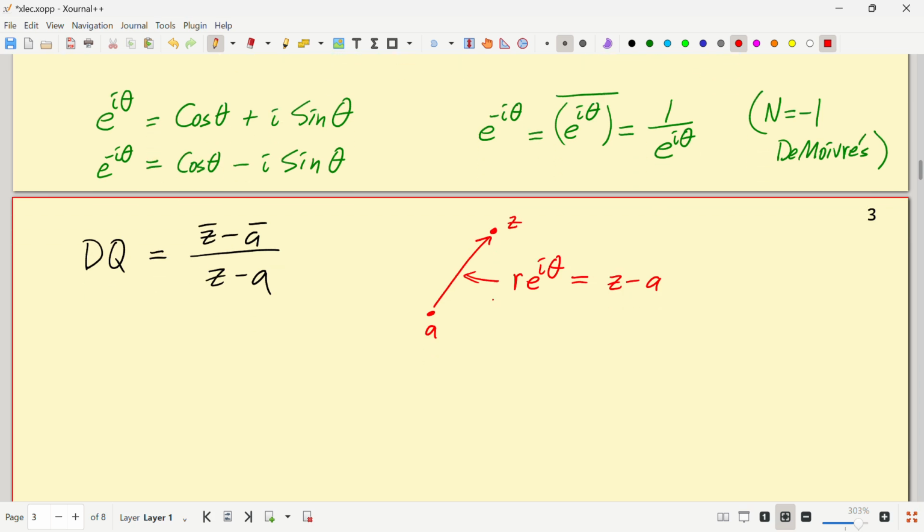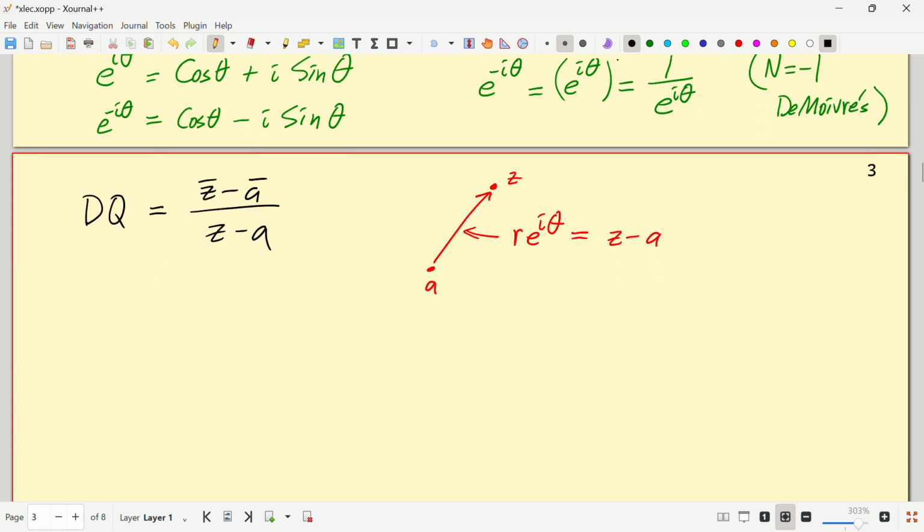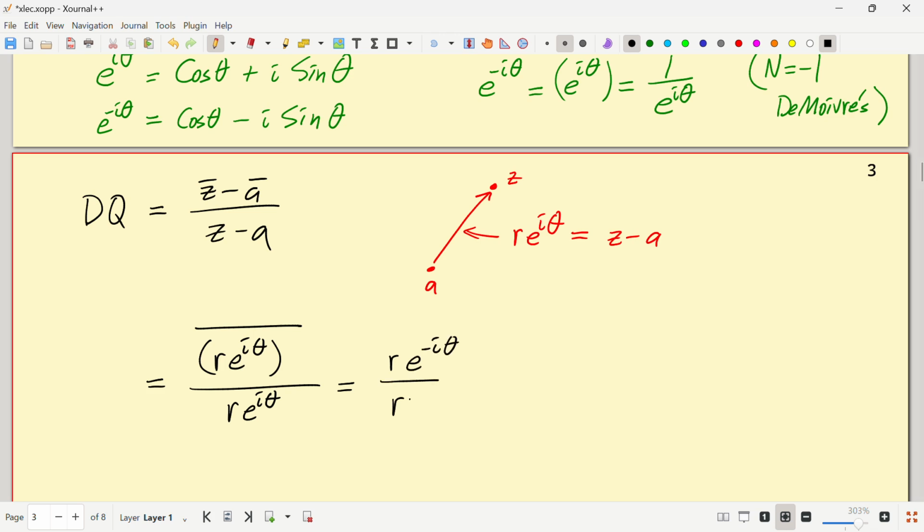Then, when I use that notation, I can write this difference quotient as the conjugate of r e to the i theta over r e to the i theta. That would be r e to the minus i theta over r e to the i theta. The r's cancel and I get e to the minus i theta times 1 over e to the i theta.